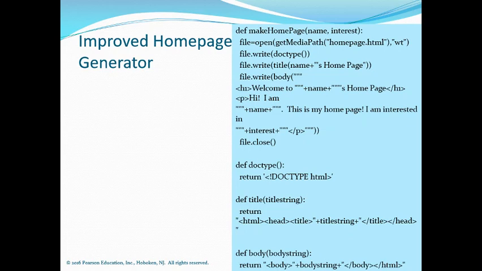What if we want to write a function called define doc type, and all it does is return the string doc type. So you can see we open the file in the first line, we write the doc type, which is just this line. Then it says write the title, which is a function down here. The title just takes in a title string and returns that entire string: the HTML, the head, the title string, the title, and then the head, right?